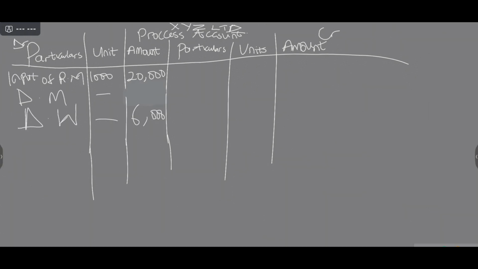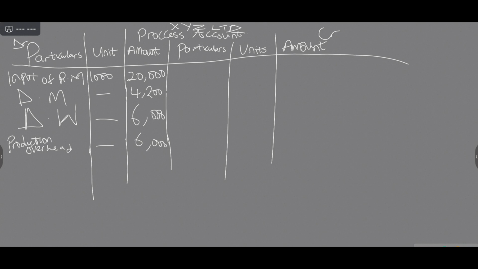Then we have direct material 4200, then production overhead to be 6,000 naira. The next is actual output transferred to process 2 of 900 units.